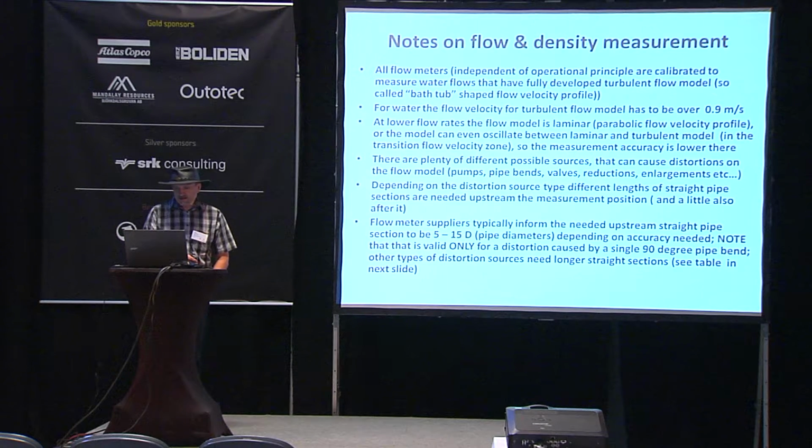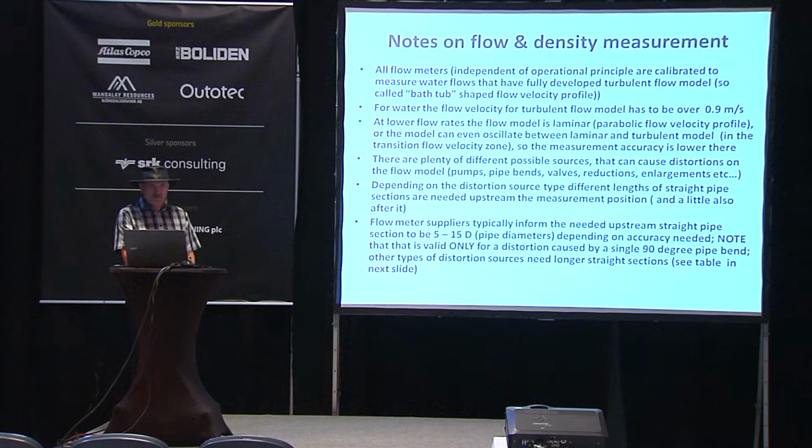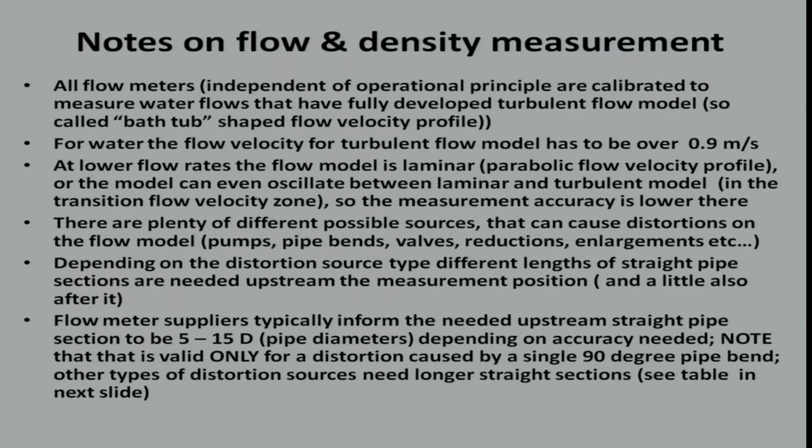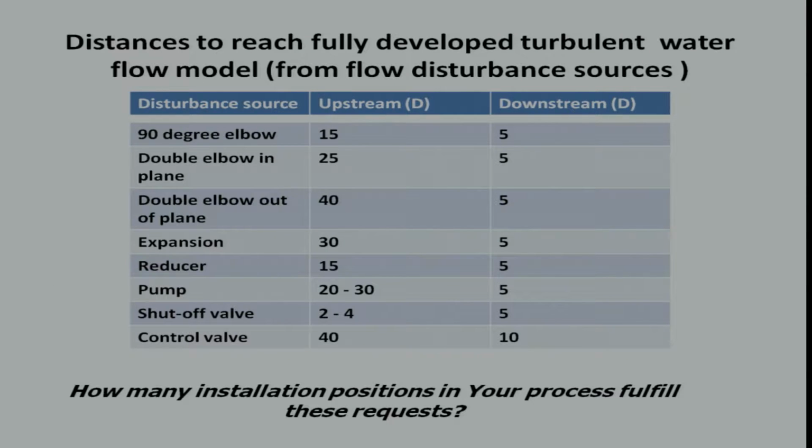If we look at flow measurement, all flow measurement technology principles are calibrated for fully developed water flow in calibration facilities. It needs that bath tube type of flow velocity profile. To reach that kind of flow velocity profile, you can see here that you need quite long straight pipe sections before and even after.